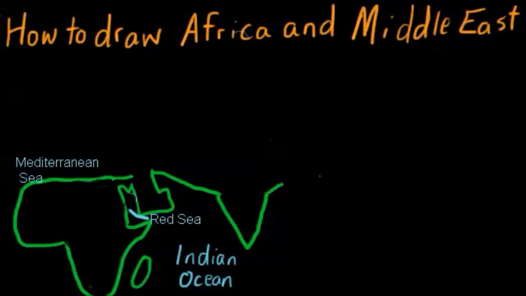And like Africa, India also has an island on its southeast coast, and that's called Sri Lanka. It's a lot smaller than Madagascar, though. Just a tiny little circle like that, like an icicle that's melting. Okay, so let me type that in too.